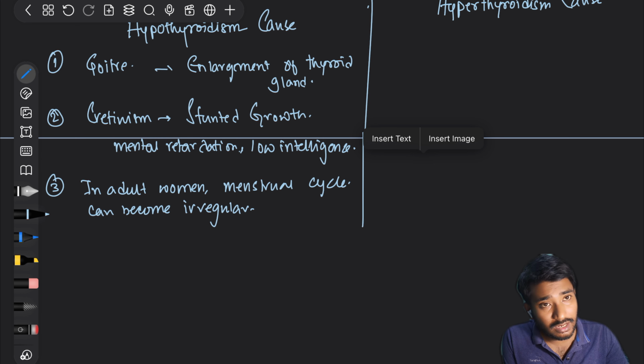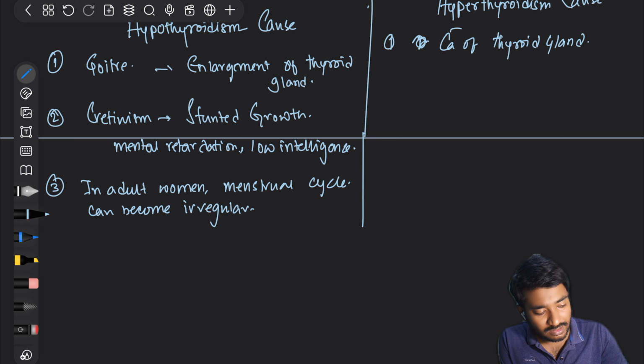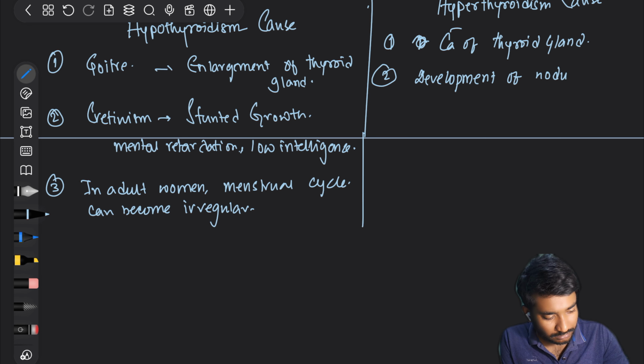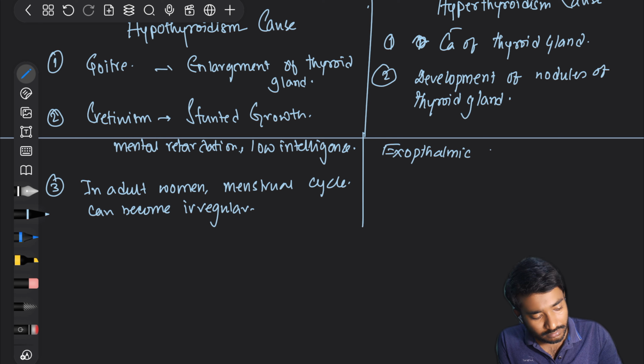And hyperthyroidism generally is caused by cancer of the thyroid gland, with development of nodules of the thyroid gland. Another one is called exophthalmic goiter or Graves' disease.